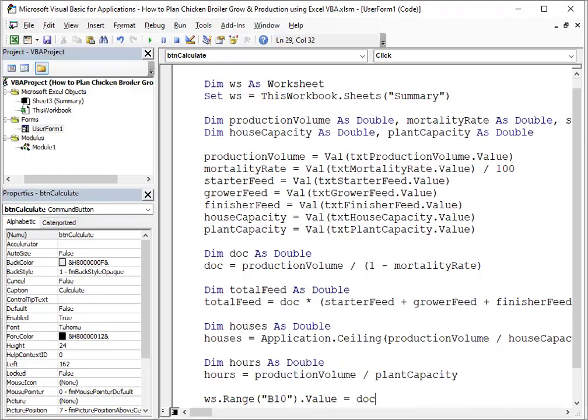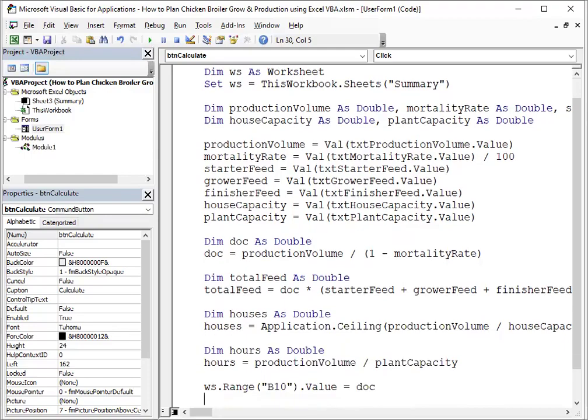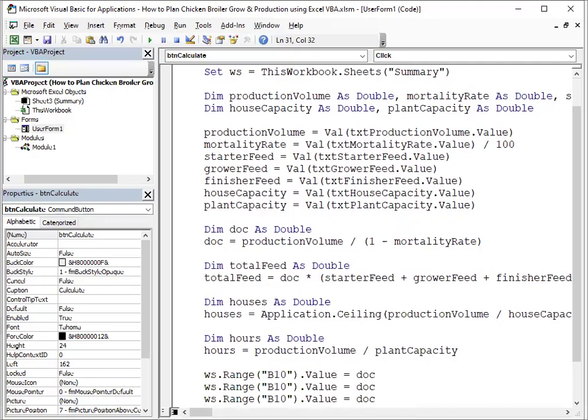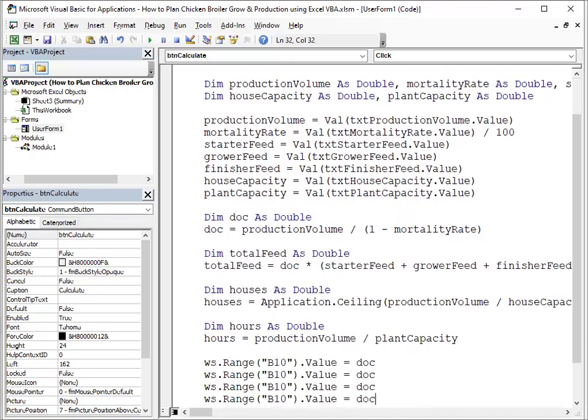I'm going to copy this with Control C and Control V for the second, third, and fourth ones.